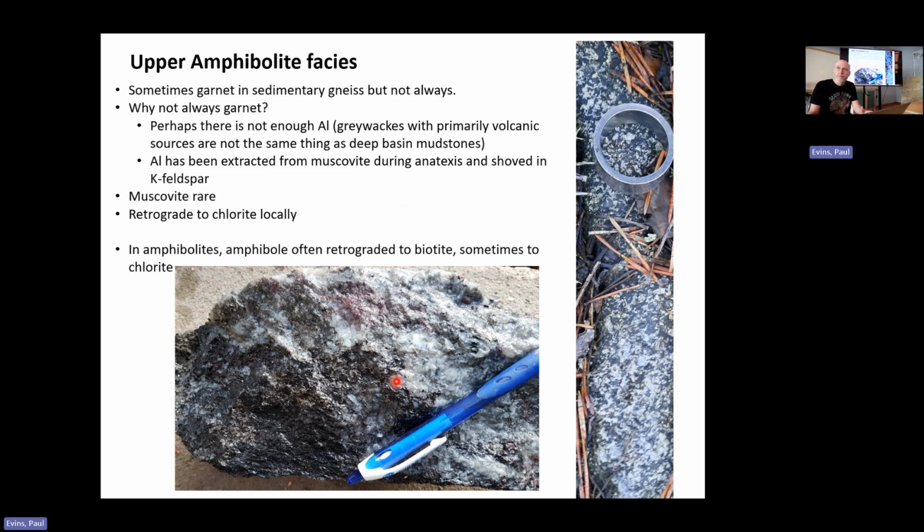We don't know. It's another topic that's worth investigating. One important point, though, is that muscovite is very rare in the sedimentary gneisses here. The biotite, the micas in general, retrograde to chlorite locally where they get sheared.